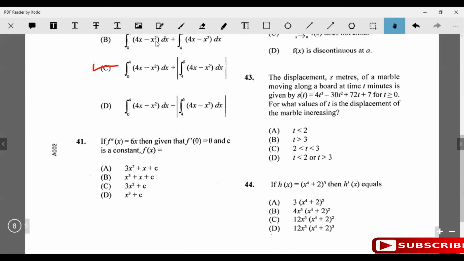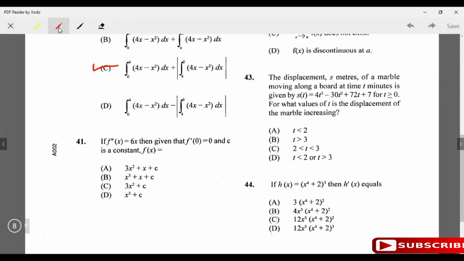They give us S, but the velocity we want to find is ds by dt. Velocity is the differential of distance by the differential of time.